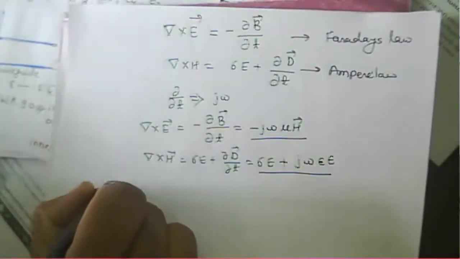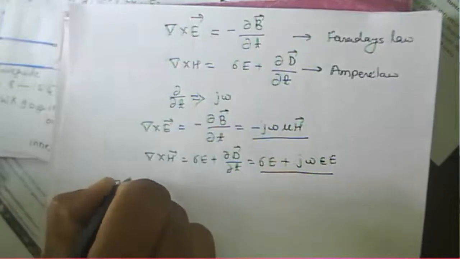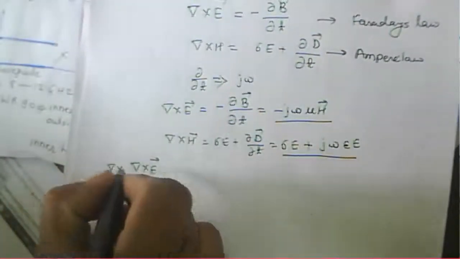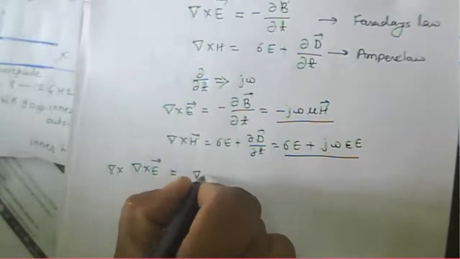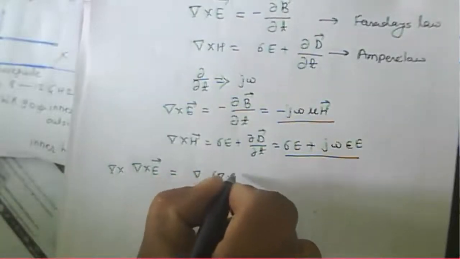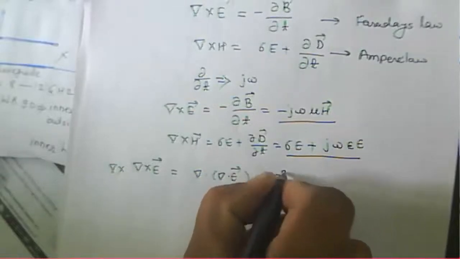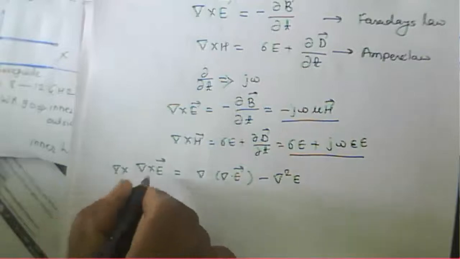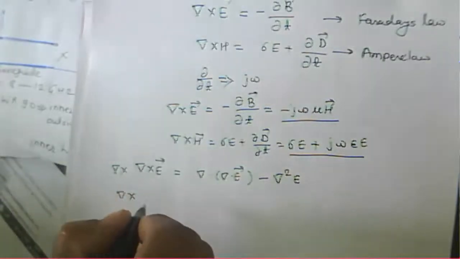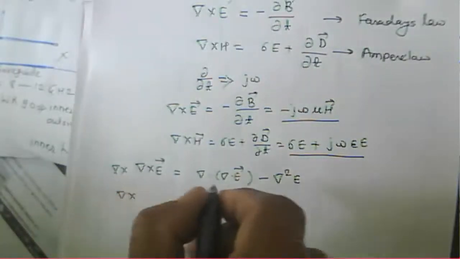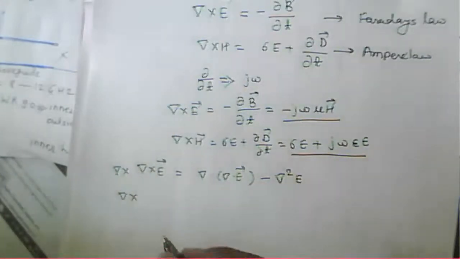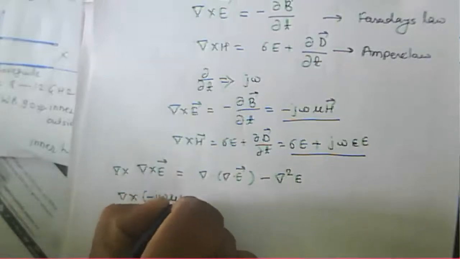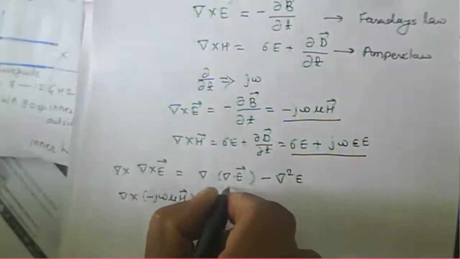Suppose I take the curl of del cross E, it is equal to del of del dot E minus del square E. Because del dot E is equal to 0, del cross E is nothing but minus j omega mu H, and this term becomes 0.